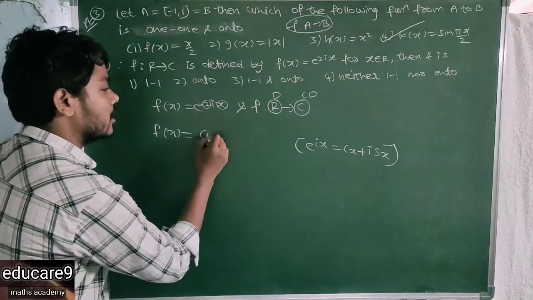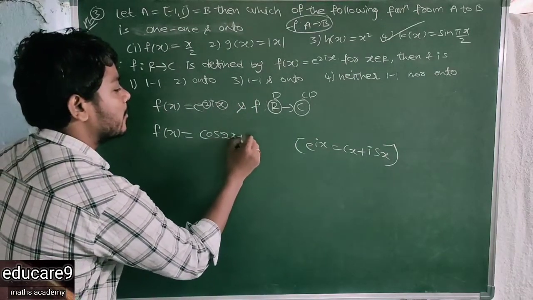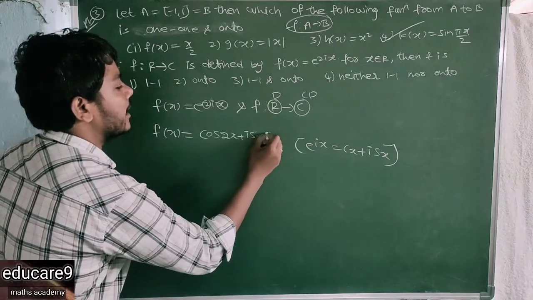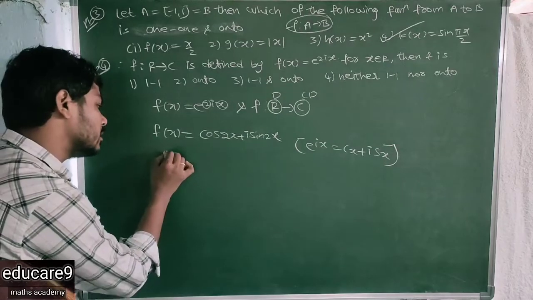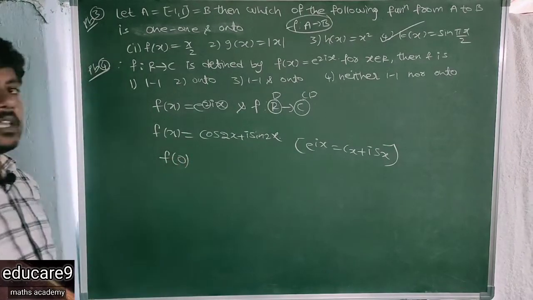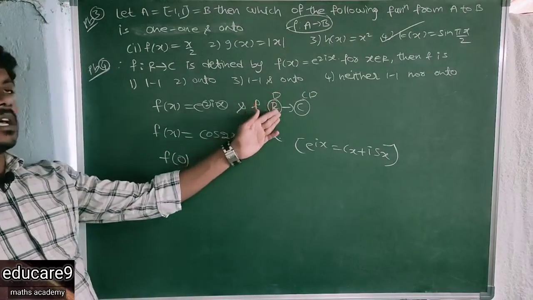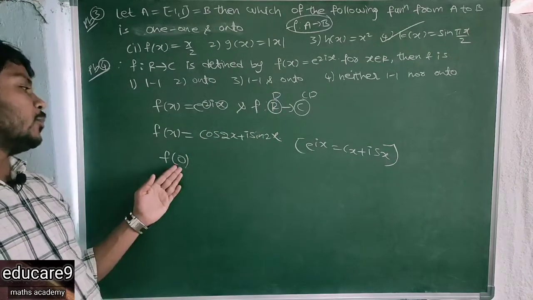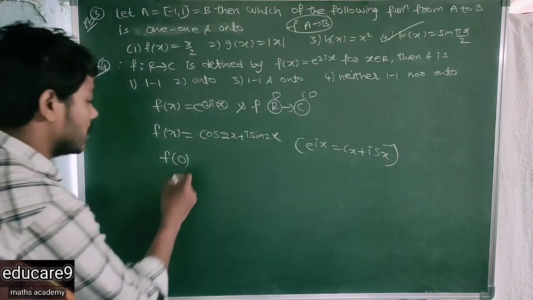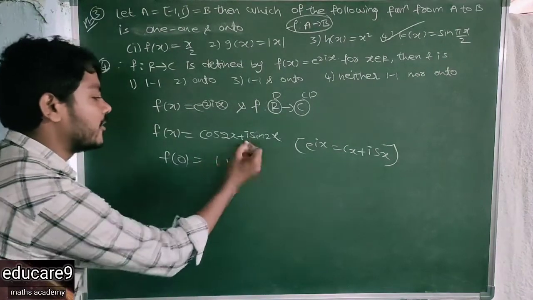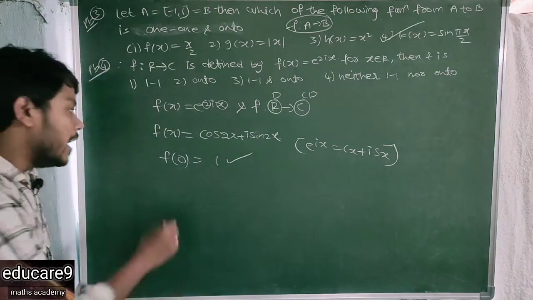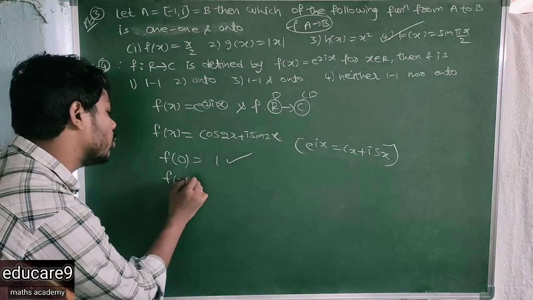That is cos 2x plus i sin 2x. So what is the f of 0 value here? See here, the x values in the domain are real numbers. So that's why I am putting 0. Now this is cos 0, 1, sin 0, 0, so 1. So you get the f of 0 value as 1. And find f of 2 pi.